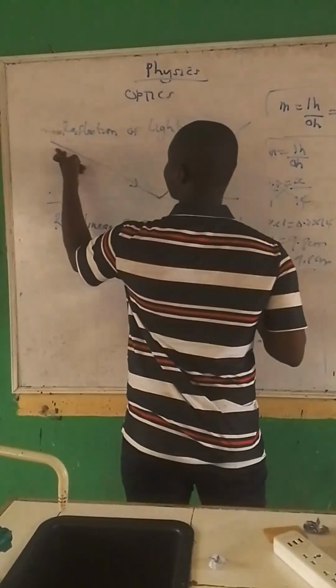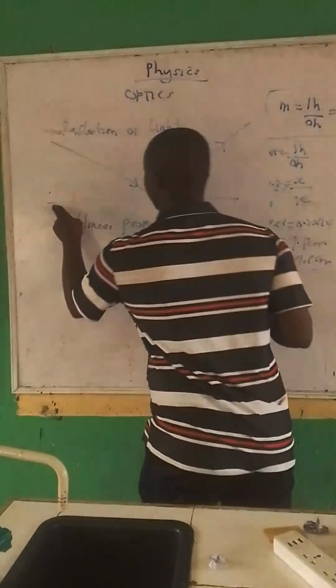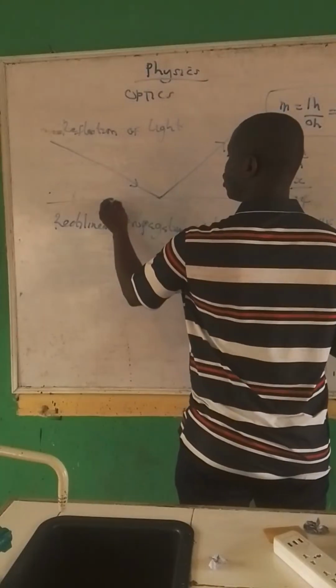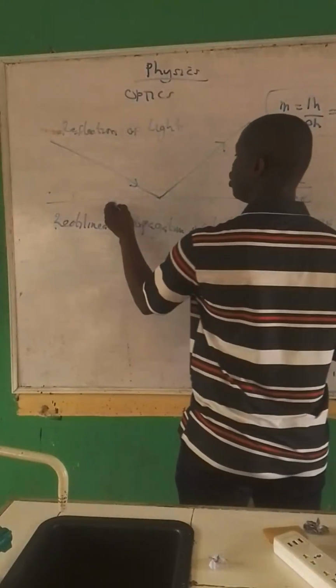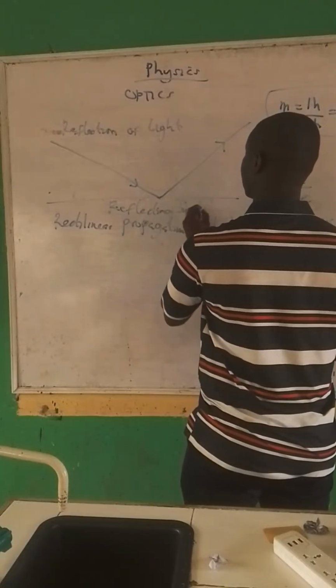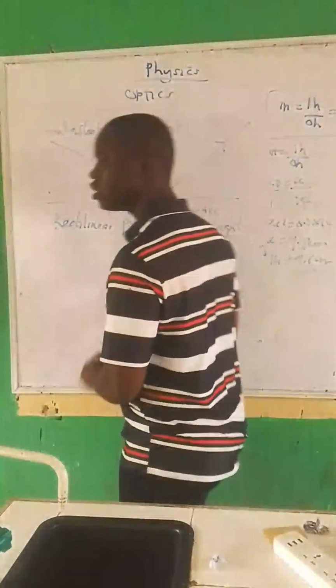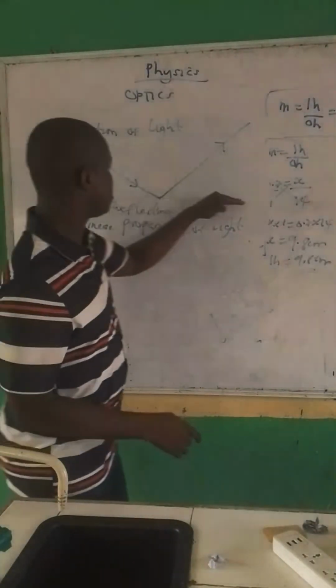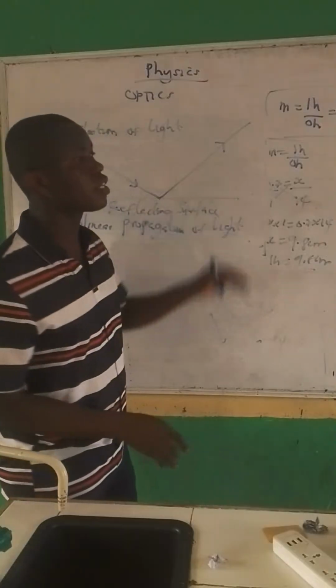The opaque object it approaches is called the reflecting surface.